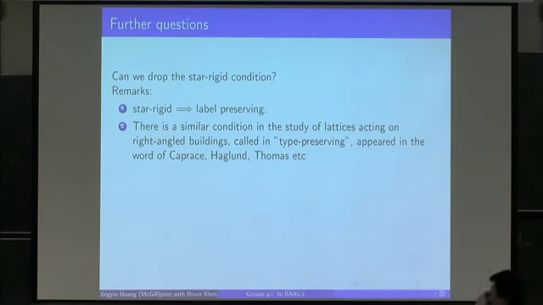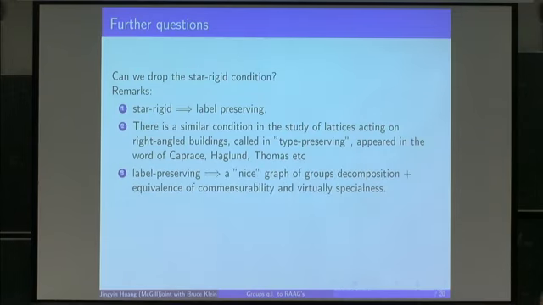What we really need from label preserving is a nice graph of groups decomposition and the equivalence of commensurability and virtual specialness. Actually I can prove some weaker statement if I know there exists a graph of groups decomposition which is nice in some sense, but in general I don't even know what we can hope.